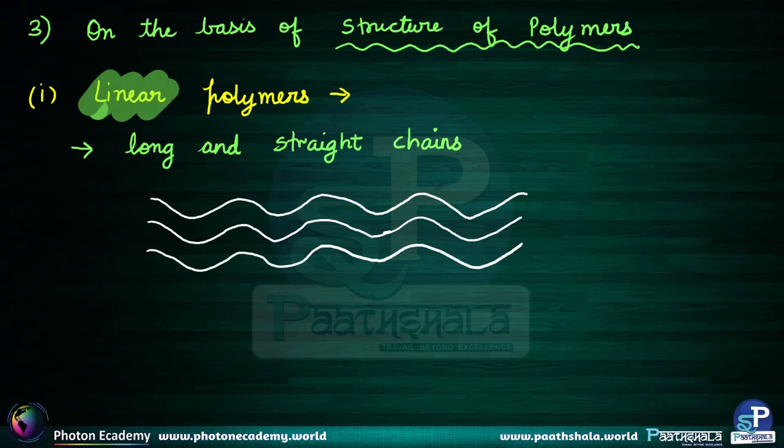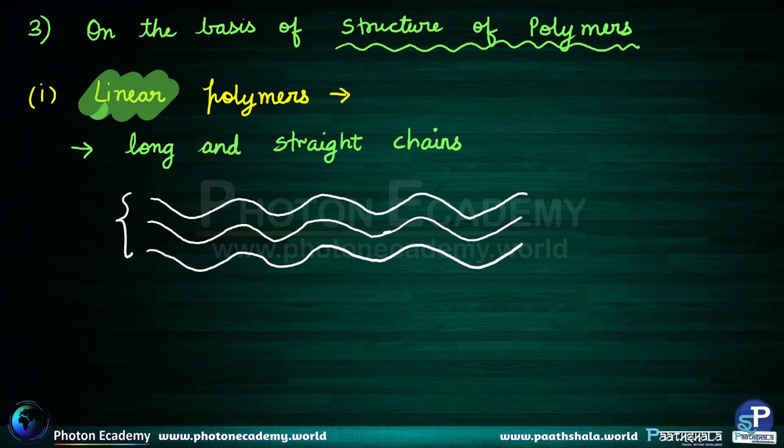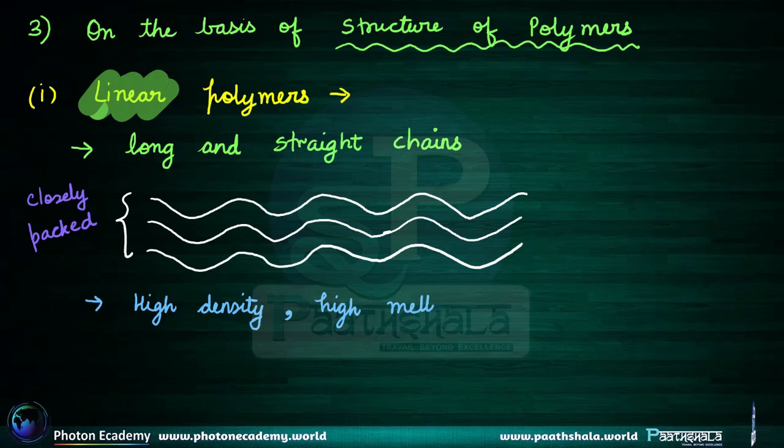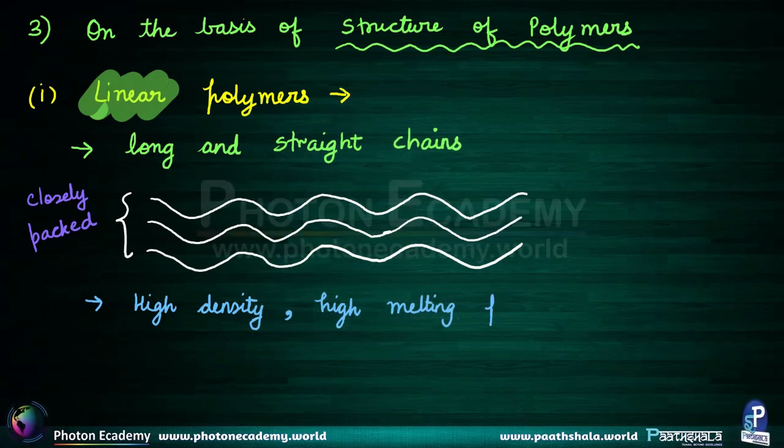Now here, as you can see, these chains are closely packed. Because they are closely packed, they have a number of properties because of this closeness. That is, they have high density. Also, they have a high melting point, because it will be tough to break the structure because of this close contact.